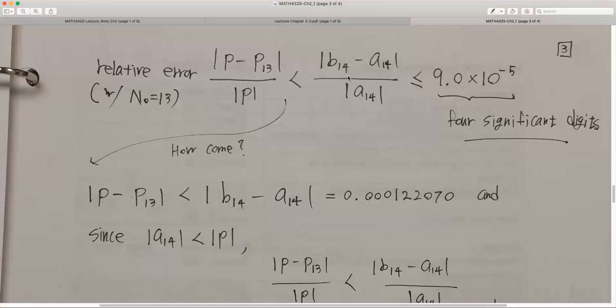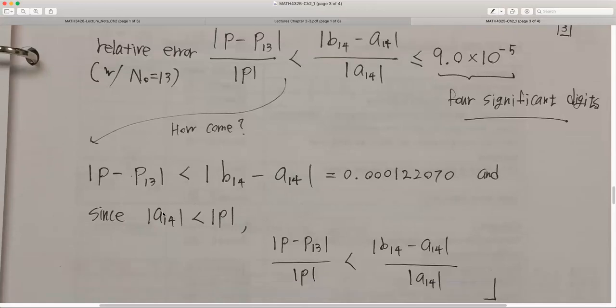Computing p13, b14 and a14, you're going to get b14 minus a14 is 0.000122070, and so here definitely the absolute value of a14 must be less than p. How come?